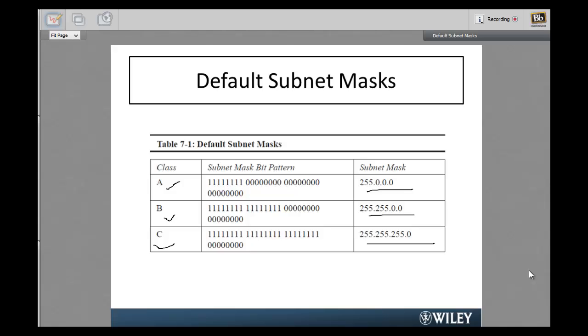So you see here that the number is becoming larger every time because of these ones, the number of networks available. So here the number of networks is very small, but the number of hosts is a lot, you see, many zeros. And then it becomes smaller. Yeah, C has limited hosts.